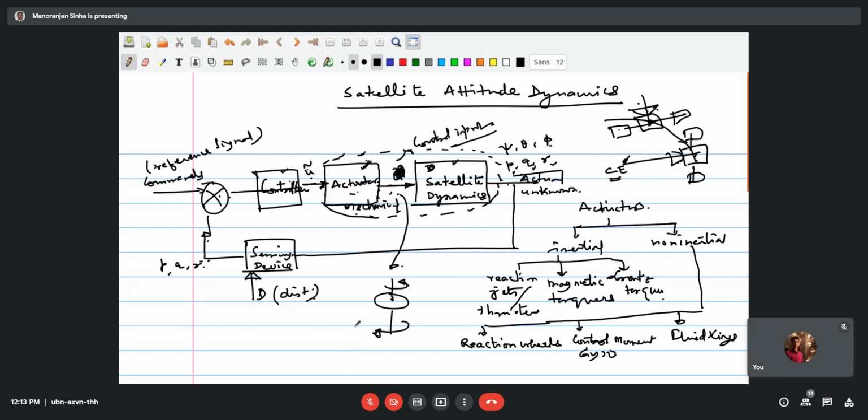And this opposite reaction will act on the spacecraft. So in that case, your H dot here acts as the input to the system, thereby the satellite gets affected. So there are various ways of showing this block diagram.